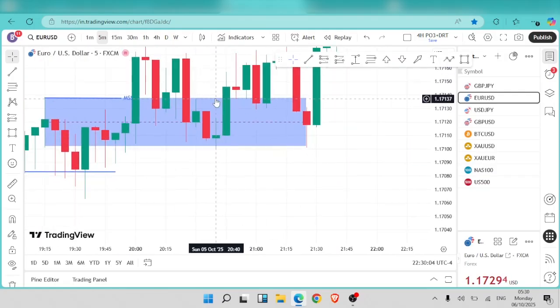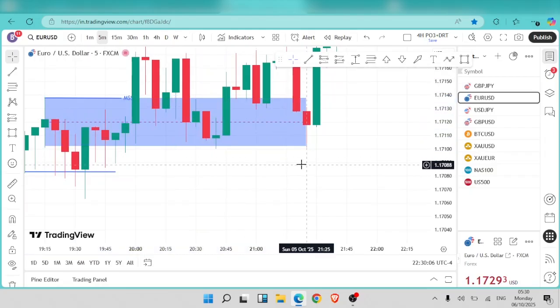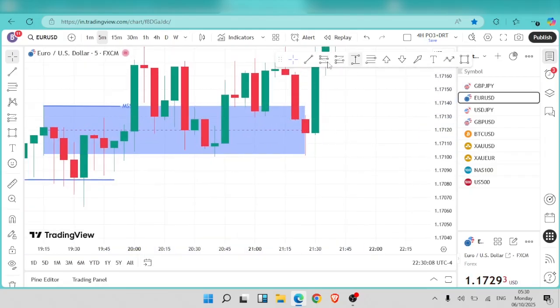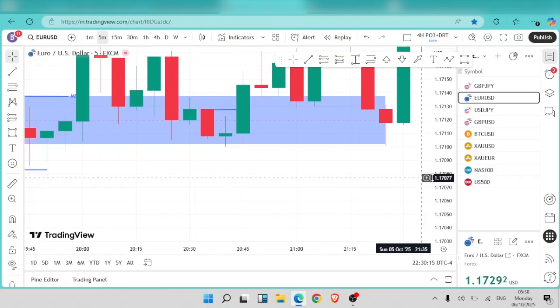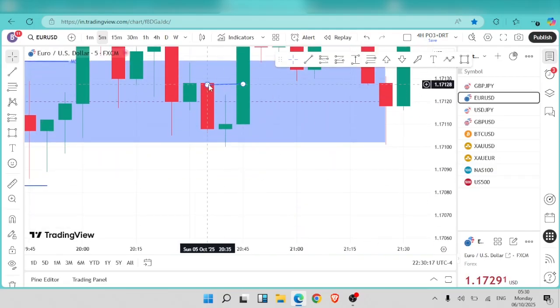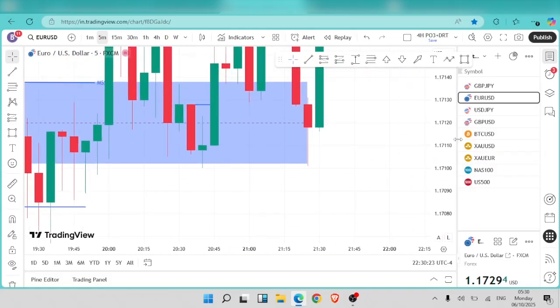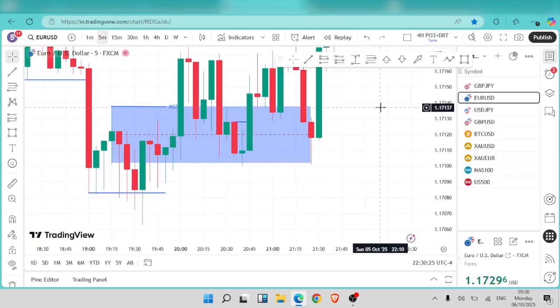Price is closing above the breaker block, and at the same time, it is closing above this bearish candle right here. See this bearish candle right here? So those are two conditions that are confirming to us that price is now likely to go up.